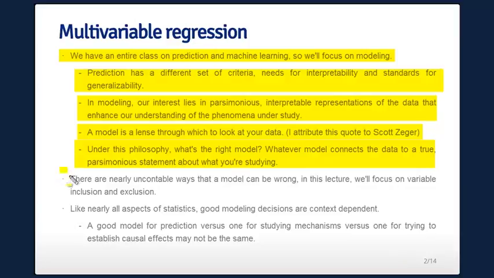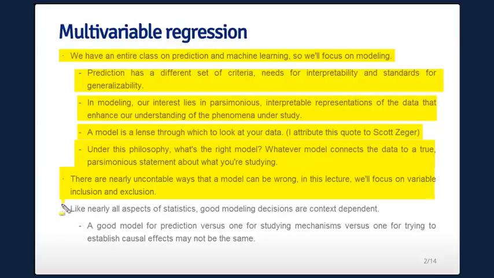There are so many ways that a model can be wrong. You can have the sampling assumptions wrong. You can have the distributional assumptions wrong. You can have the linearity wrong. You can have which covariates are included or excluded wrong. There are a lot of ways. In this lecture we're just going to talk about variable inclusion and exclusion.